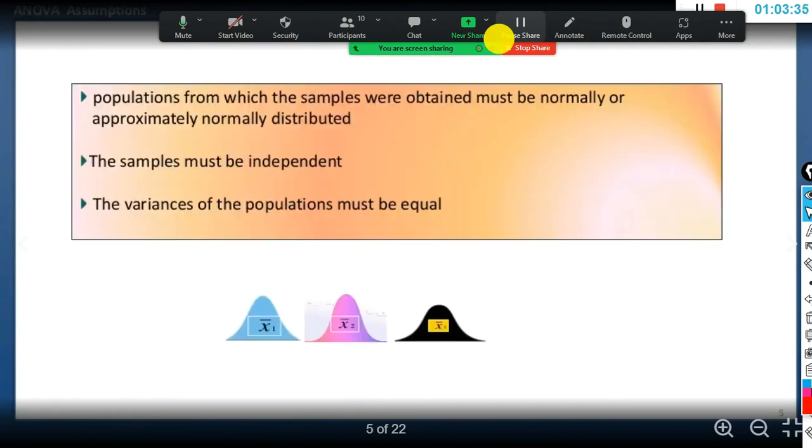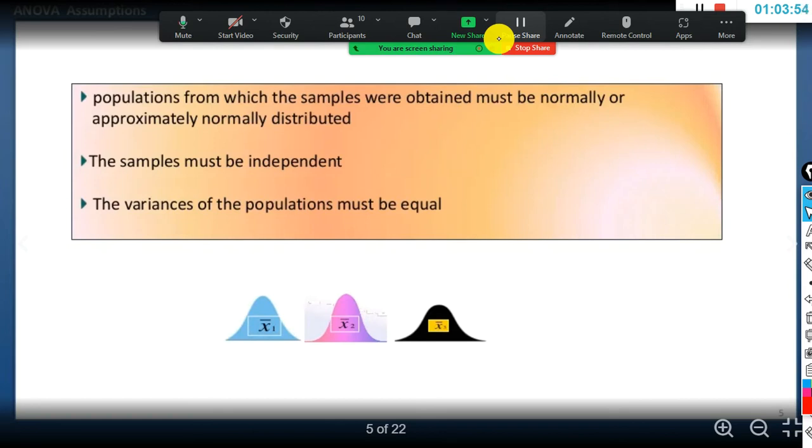What are the assumptions Anova test makes? The populations from which the samples were obtained must be normally or approximately normally distributed. You are obtaining samples from 3 different populations, Walmart, Amazon, and Target.